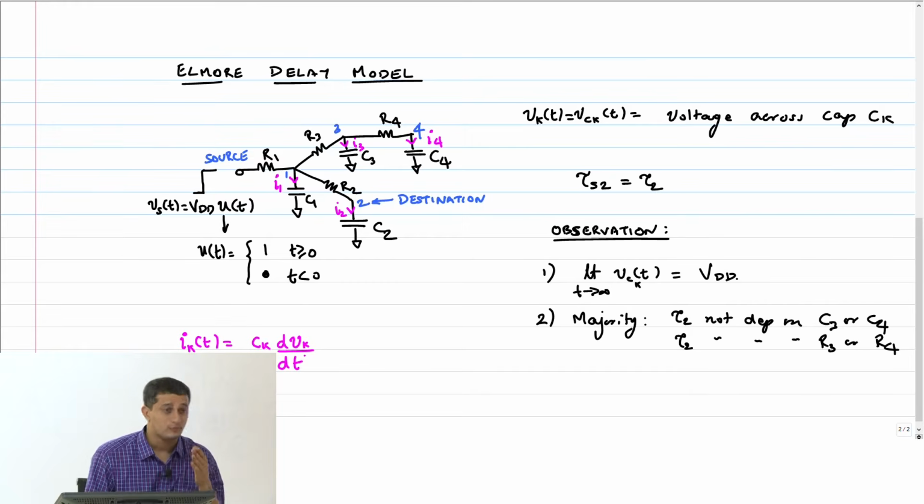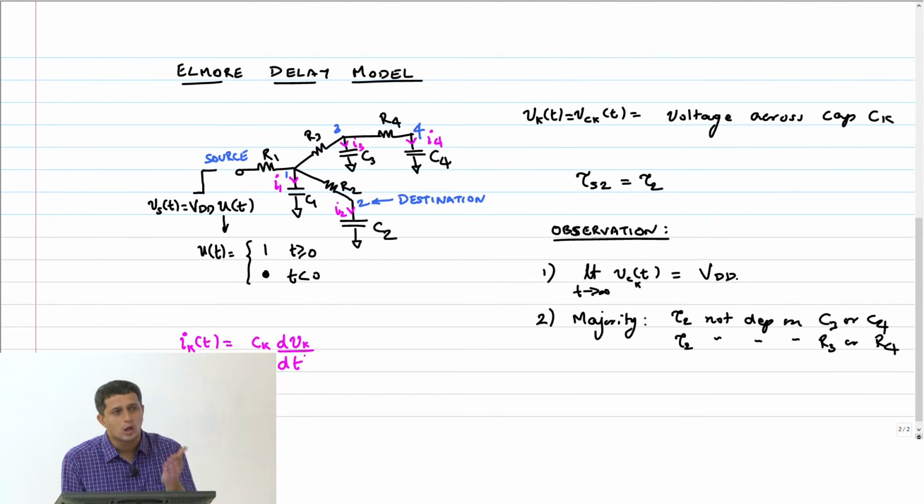Now, it's a reasonable assumption to make that all these nodes are going to charge asymptotically to VDD, but they don't charge at the same rate. Each node is going to charge with its own time constant. Okay.